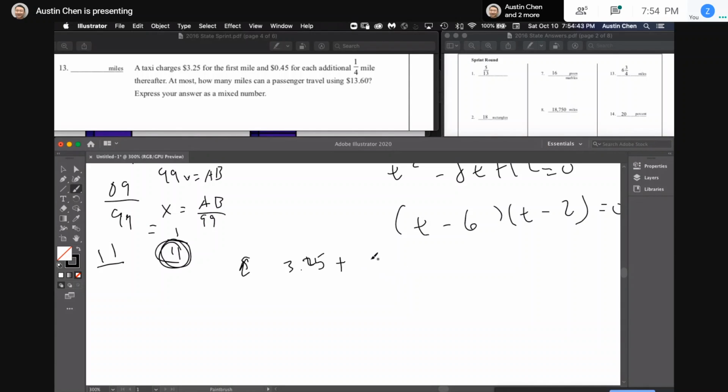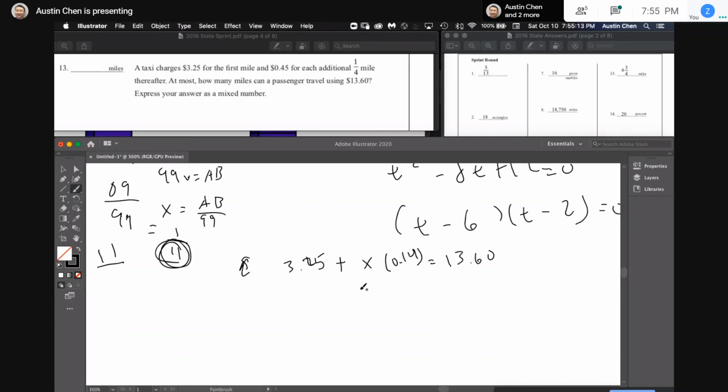So let's say x is the number of additional 1/4 miles that we drive. Then the total money that we pay on this taxi is going to equal this amount. But we want to find the number of miles that a passenger can travel with a set amount of money, so we can set these equations equal to each other and solve for x, and x would be the greatest number of 1/4 miles that we can drive.